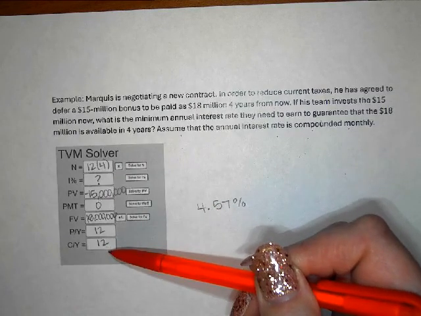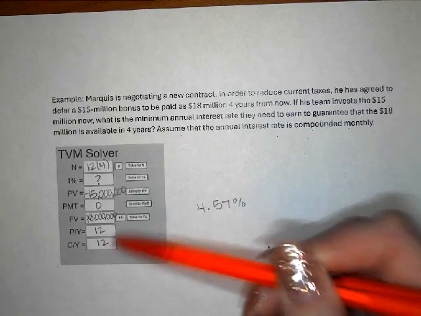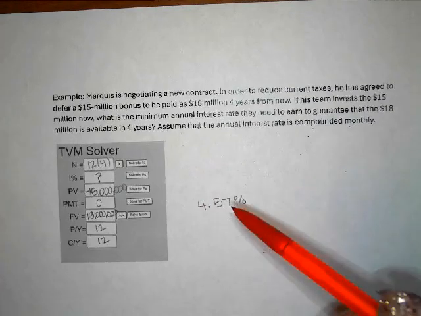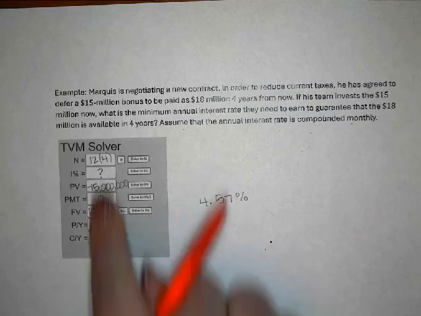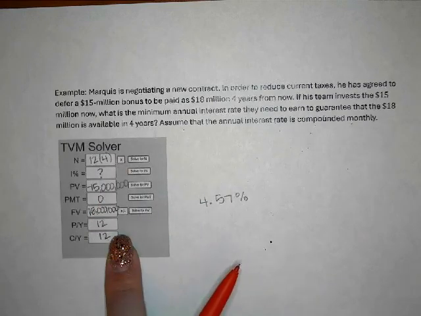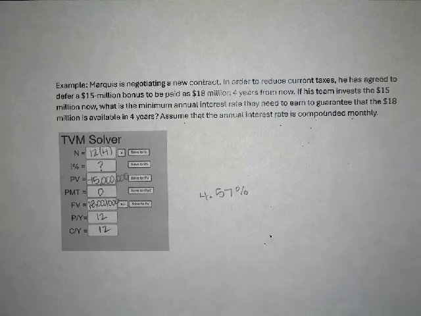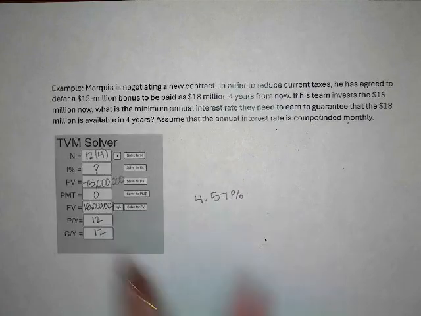So to show your work in a testing situation, this is showing your work, even though we didn't use the formula and we didn't calculate it ourselves. So using the TVM solver is totally fine. In a testing situation, it's totally fine to do on your MyMathLab assignments. But if we need to show our work, this is how we're going to show it.